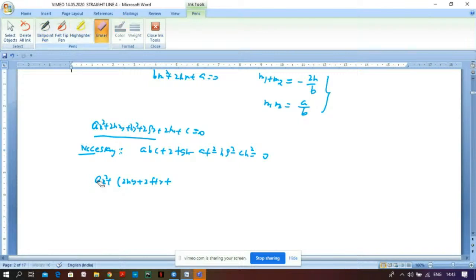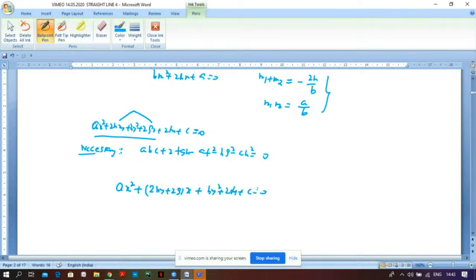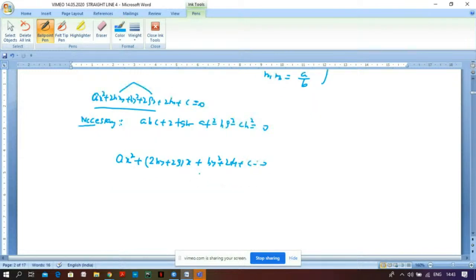We are trying to arrange a quadratic in x. So I'll get ax squared, then the 2hxy terms add up with these, and we get 2hy plus 2g times x, and then by squared plus 2fy plus c is 0. And we can now apply the discriminant non-negative and other conditions. So you will get this condition ultimately.